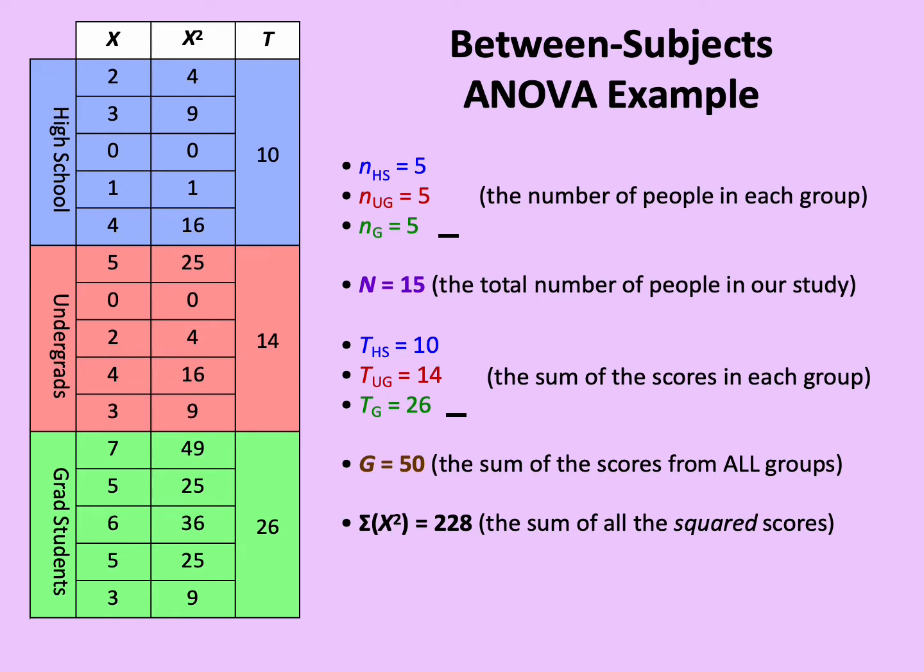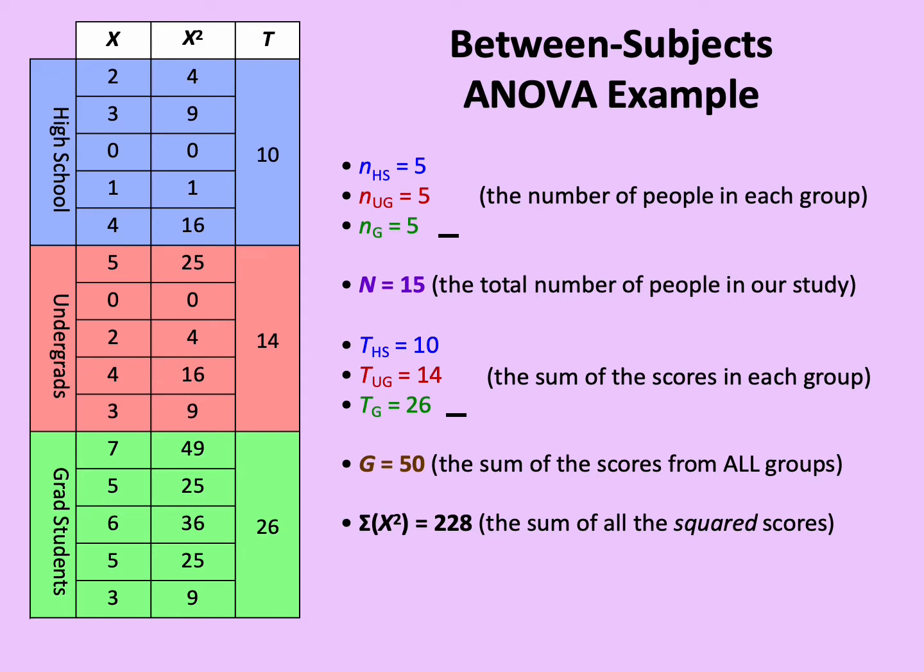If we were to count the values of X, we would see 1, 2, 3, 4, 5, 1, 2, 3, 4, 5, 1, 2, 3, 4, 5. So we know there are 5 people in each of our 3 groups, for a total of 15. And then we would input our T for each of our groups as well.